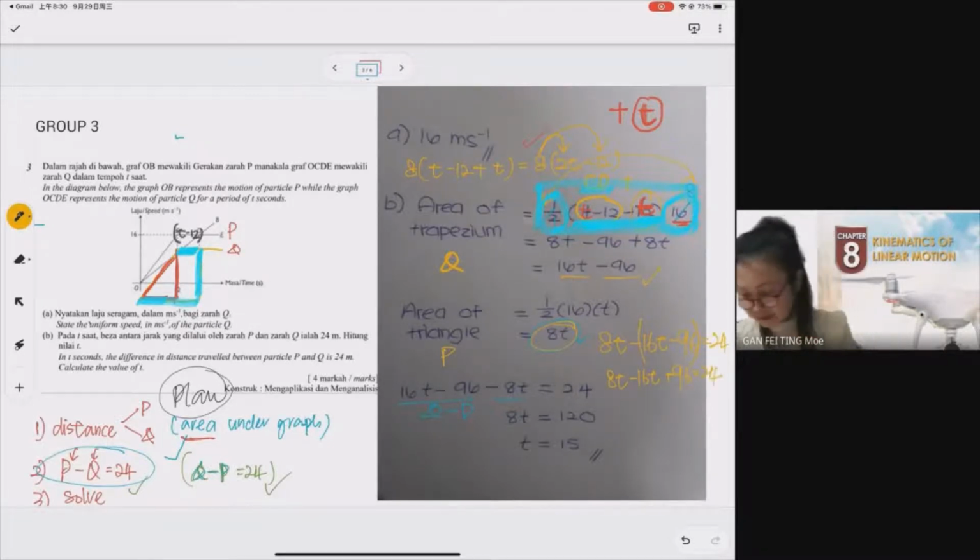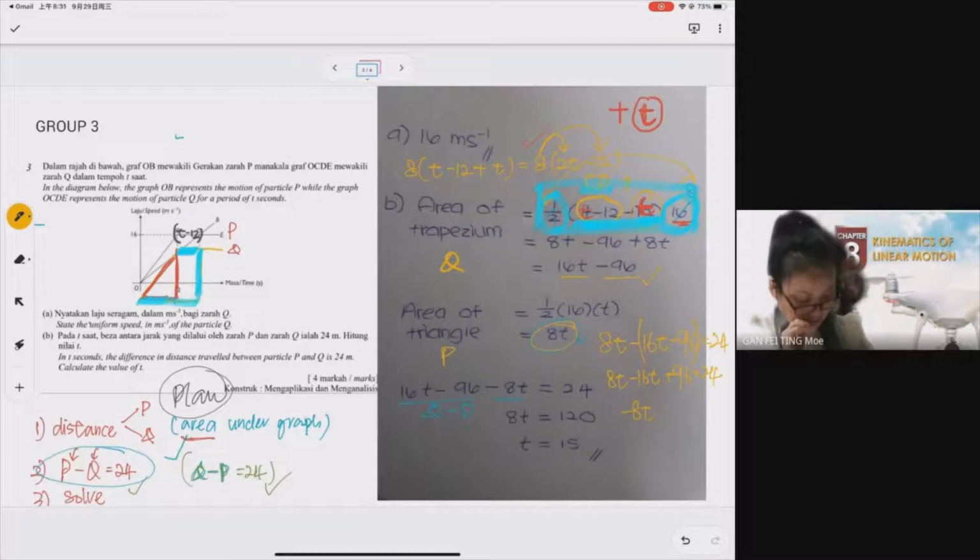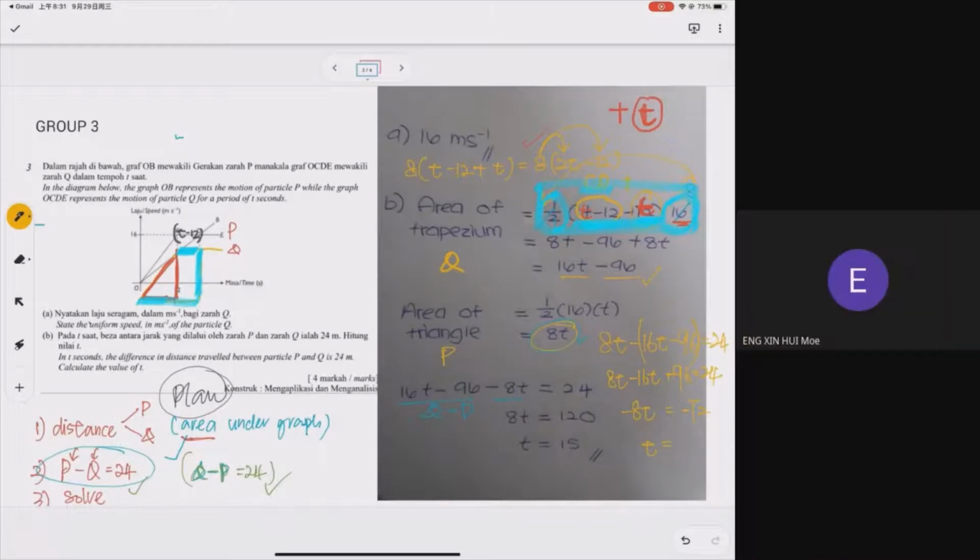Do you get this one? So I get negative 8T equals negative 72, right? So my T will be 72 divided by 8. What do you get? 9.